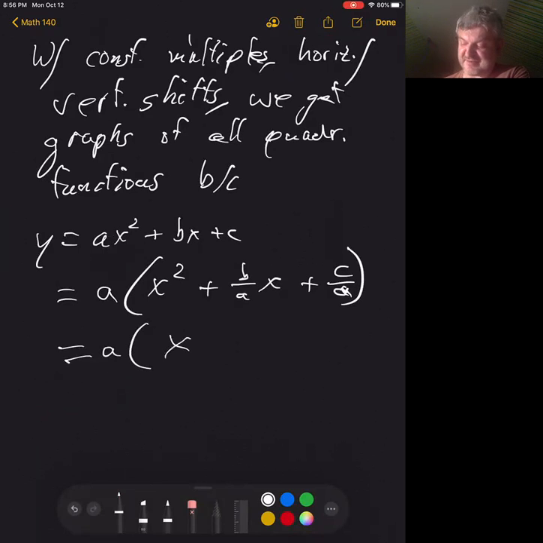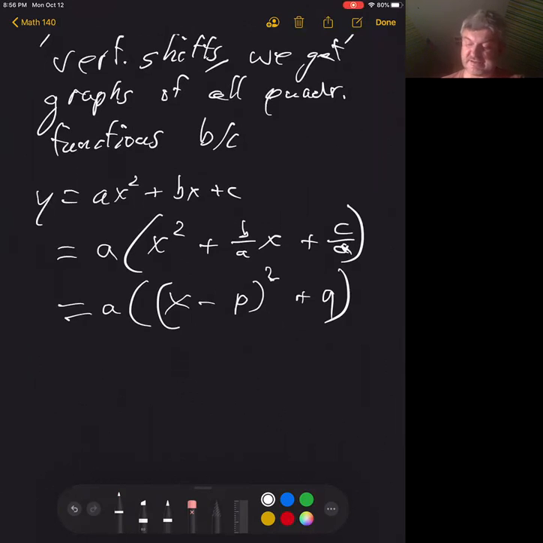And rewrite that as x minus some number that I want to call p, quantity squared, and then some other number q. With completing the square, we can always do that.